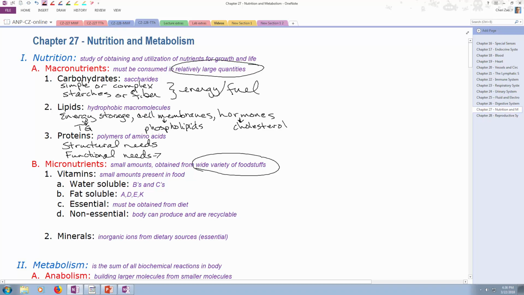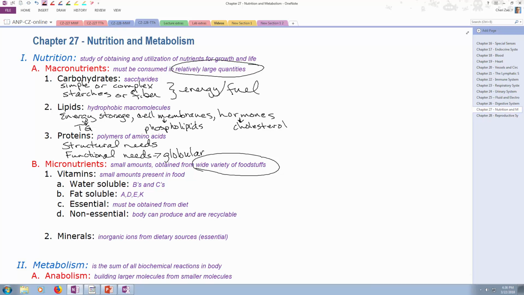And typically we find them as globular in their shape. Hemoglobin, for example, myoglobin. So they have a globular look to them because it's the shape of that molecule that is important in bringing various things together and working for us, even enzymatically.